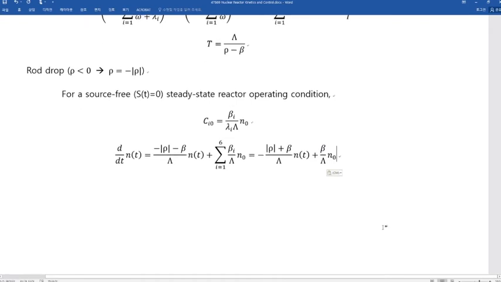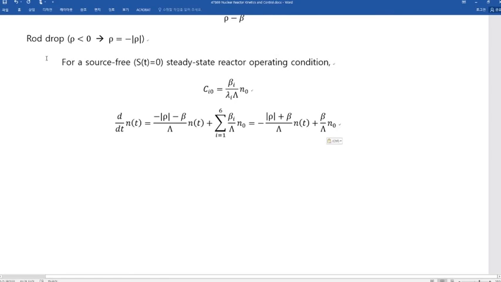Of course, we are able to utilize the integrating factor. I usually assumed that you all know how to apply that integrating factor to solve this differential equation.